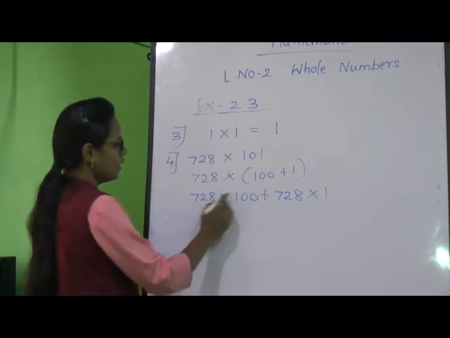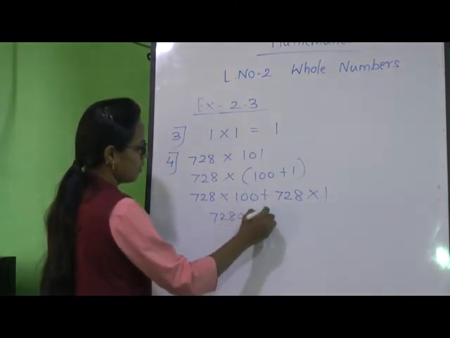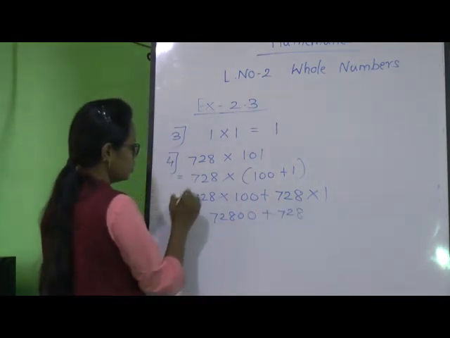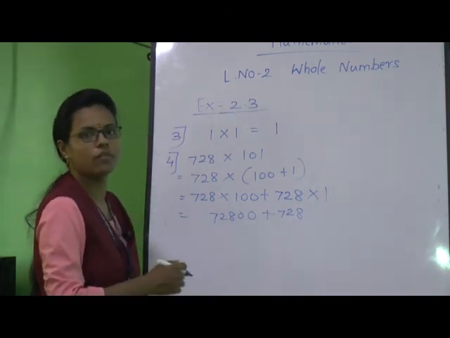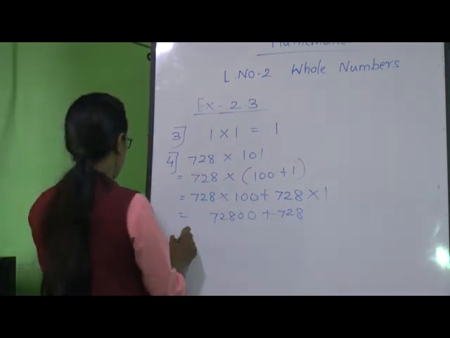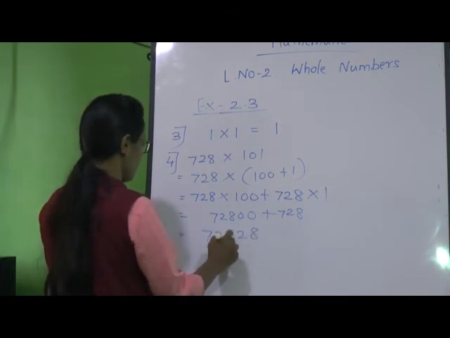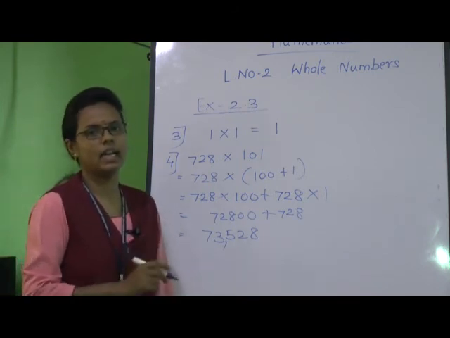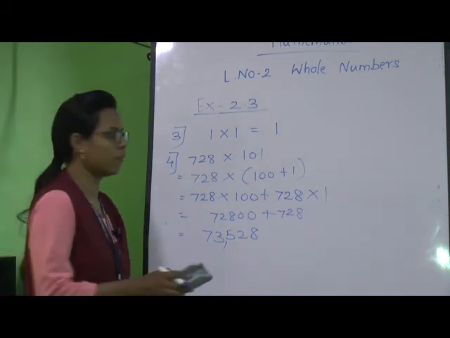So 728 multiplied by 100 is 72,800, and 728 multiplied by 1 is 728. Now we have to add these two numbers we got after multiplication. After adding we get 73,528.